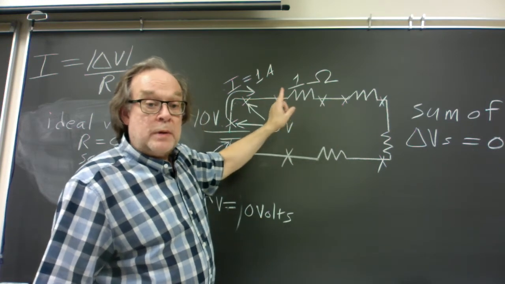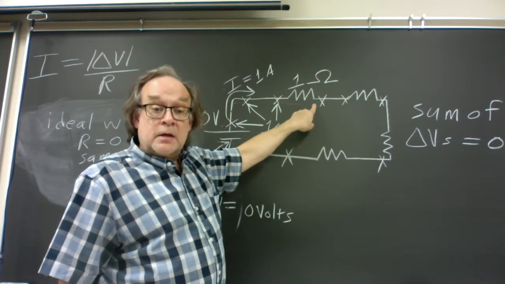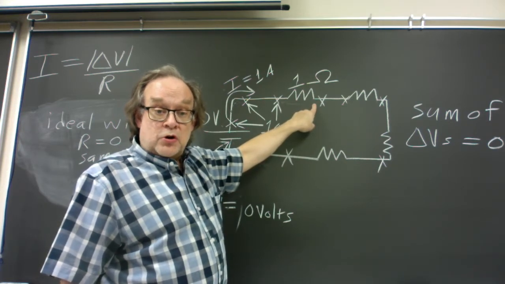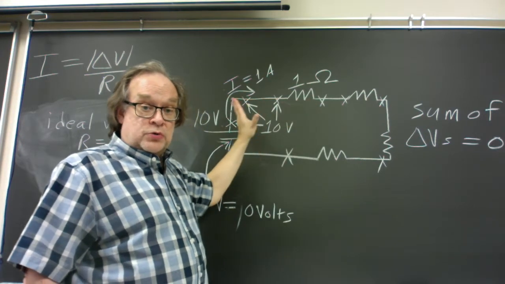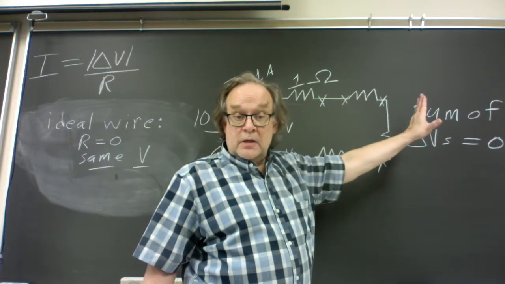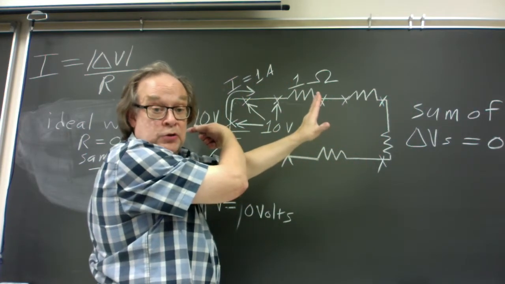Well, remember, in order to get through this resistance, there has to be a force caused by an electric field. And the force has to push those charges this way to counteract the drag force that's pushing the other way.